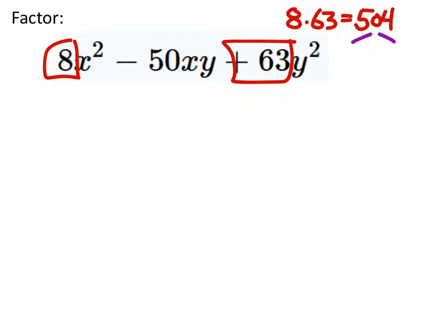So, for example, maybe, I see it's divisible by 4. So maybe something like negative 4 and then negative 126. Bam. That wasn't helpful, though. Because, you know, if we add those, it's not going to be negative 50.